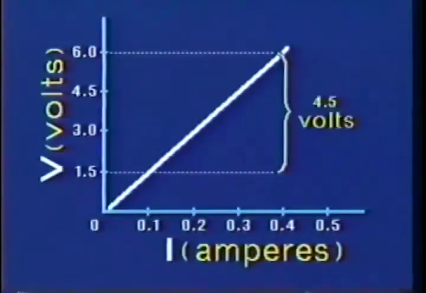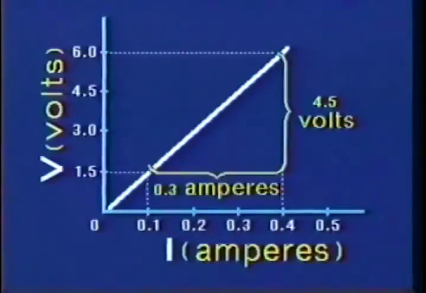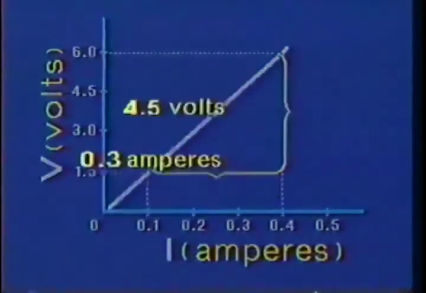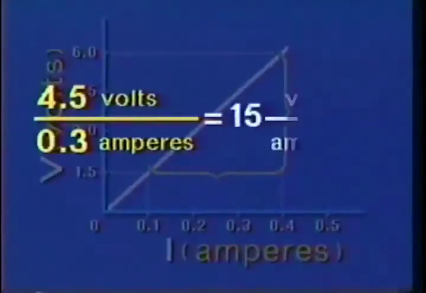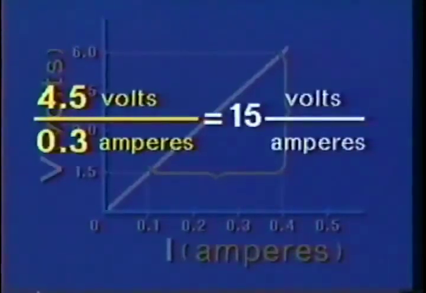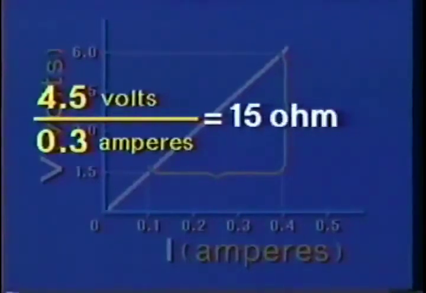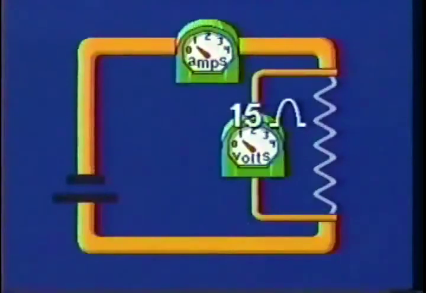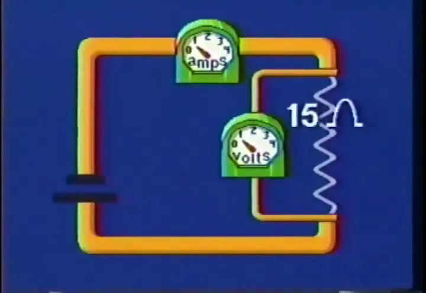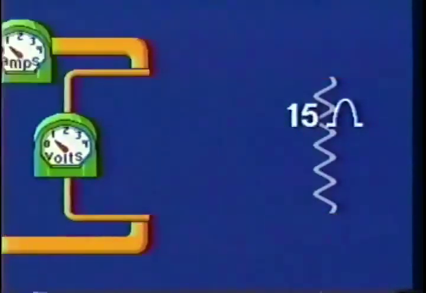Taking the increase in potential difference anywhere along this line and dividing it by the corresponding increase in current, we'll always calculate the same value in volts per ampere. A volt per ampere is called an ohm, often shown like this. So our heating element is a 15 ohm resistor.